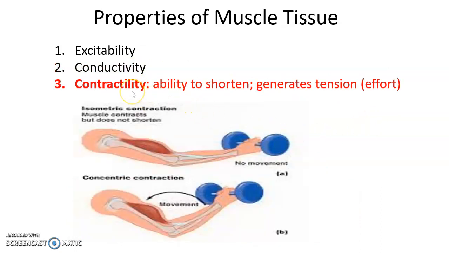Then there's contractility. Contractility is the ability of a muscle to shorten and, in the process of shortening, generate force, tension. So muscles contract, they get shorter. When they do that, they will pull on structures leading to tension and force, causing that effort to be generated.